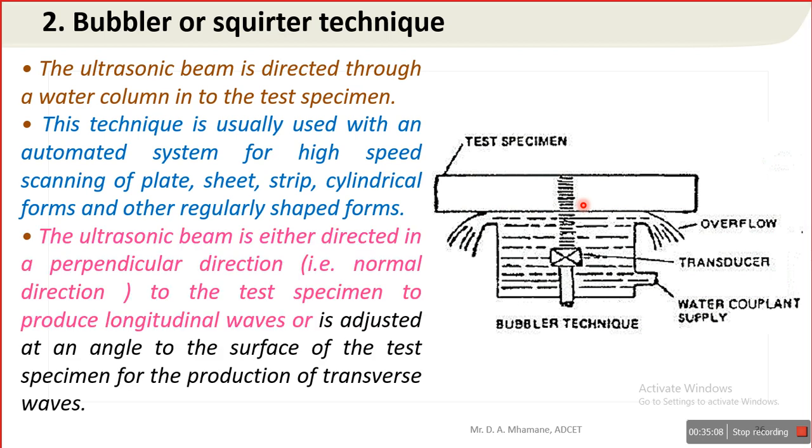The ultrasonic beam is either directed in a perpendicular direction, that is the normal direction, to the test specimen to produce a longitudinal wave, or we can use an angle probe as well as a normal beam probe to inspect the component. So both types of angular and normal beam probes can be used in this technique.